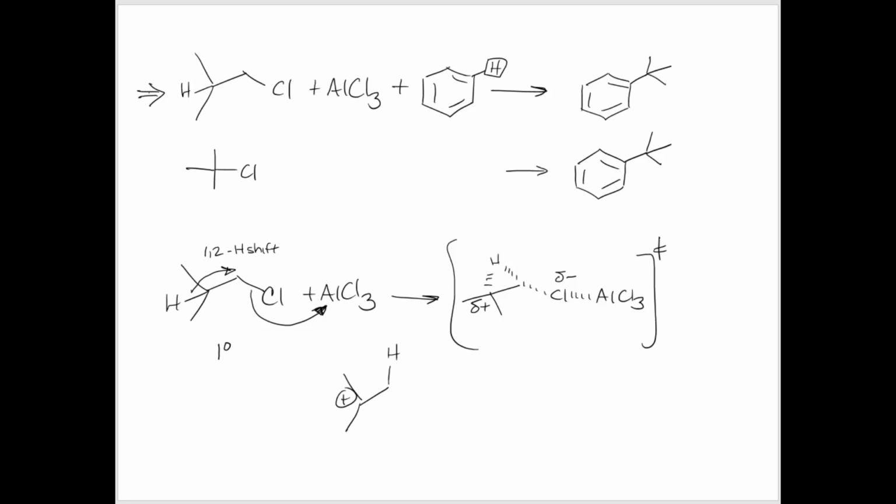And where these shifts typically occur is when we have primary systems. So if one wanted to take benzene and add something like butyl chloride, or 1-chlorobutane, with aluminum trichloride, and for all these reactions you could use FeCl3 as well.